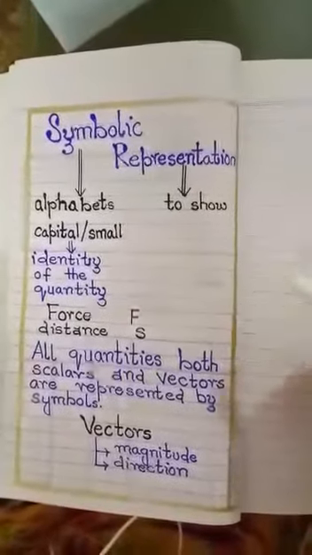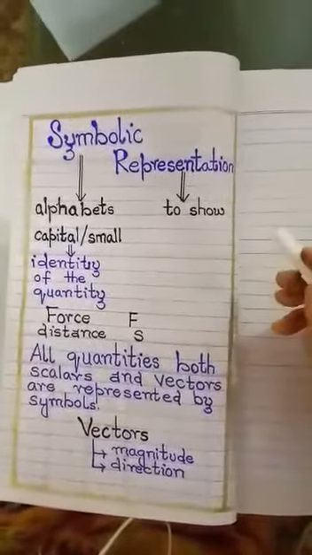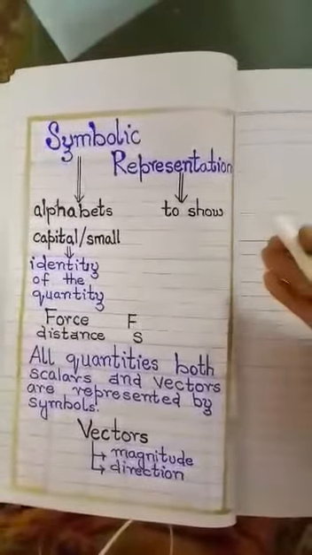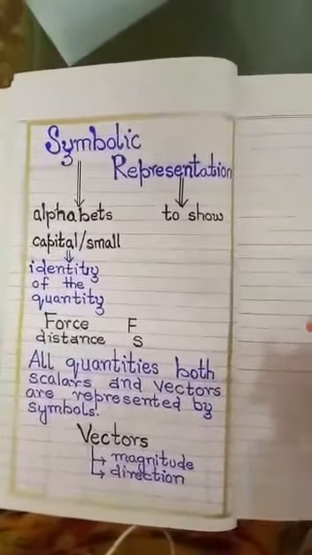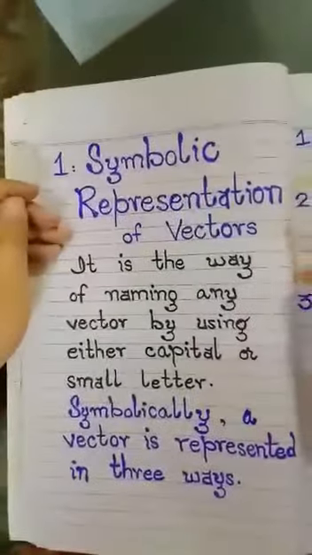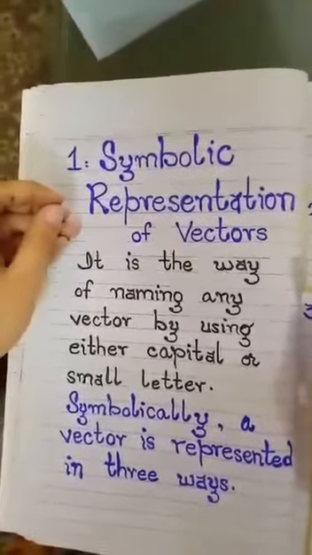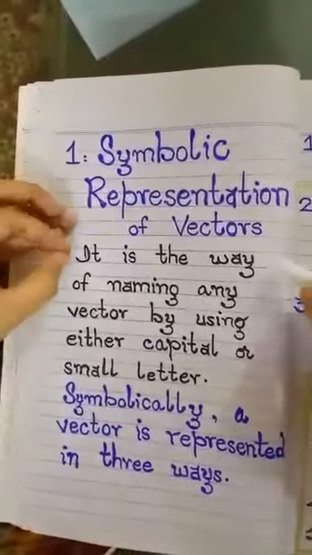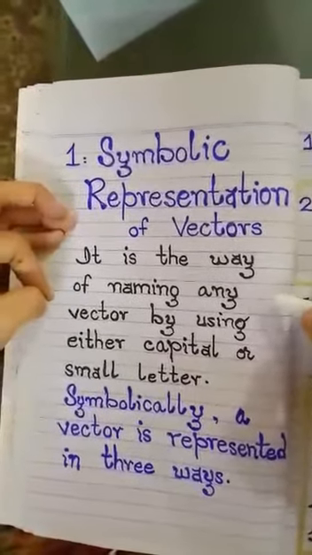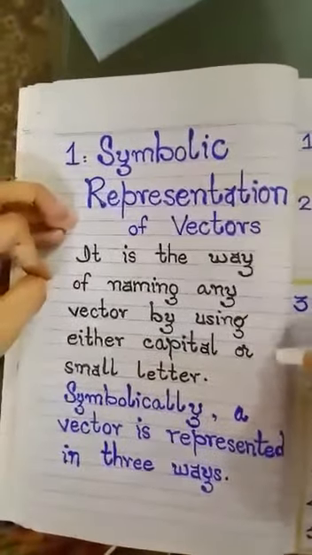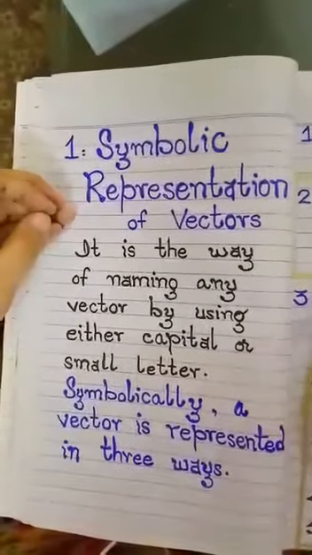So the symbolic representation of vector is different from that of scalars. Symbolic representation of vectors. It is the way of naming any vector by using either capital or small letter.